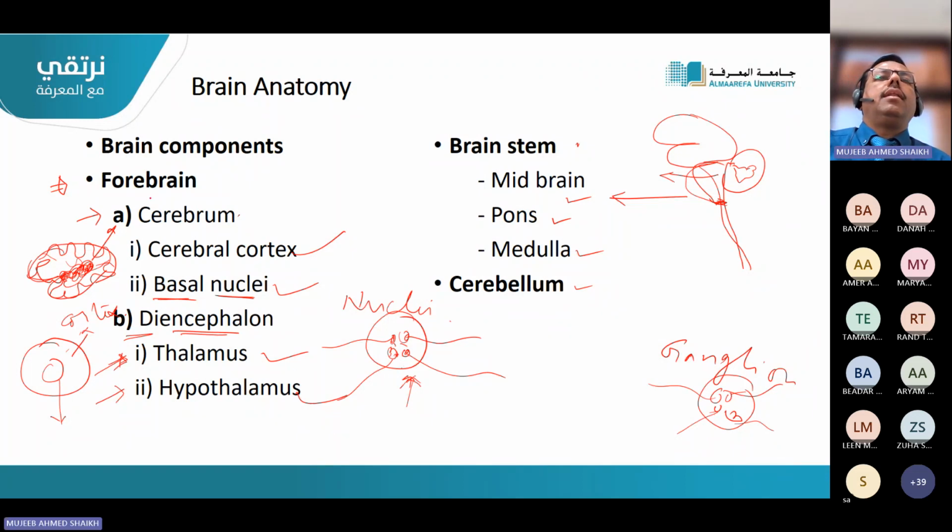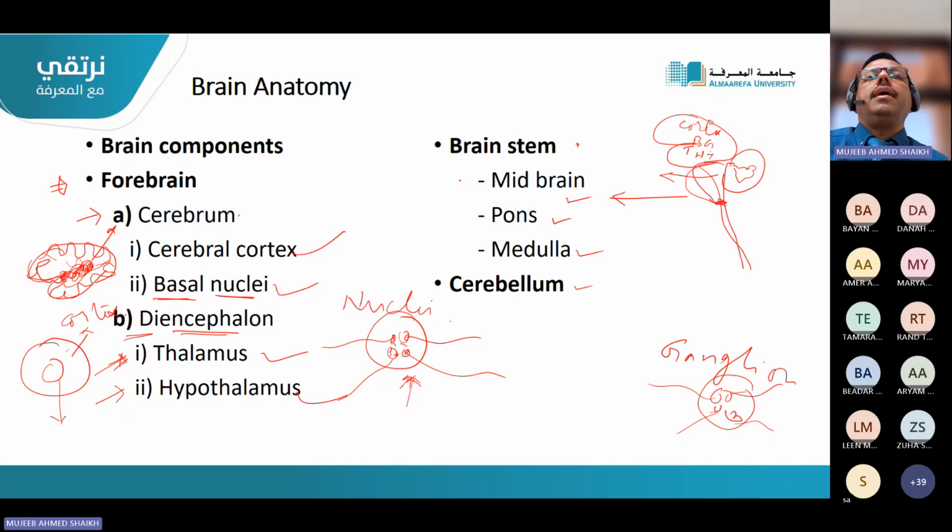So the forebrain consists of cerebrum, which has two parts: cerebral cortex, the outer area, and basal nuclei, present in the center, and diencephalon, which is thalamus and hypothalamus. All of them are here: cortex, basal ganglia or nuclei, then thalamus and hypothalamus, all in this area.